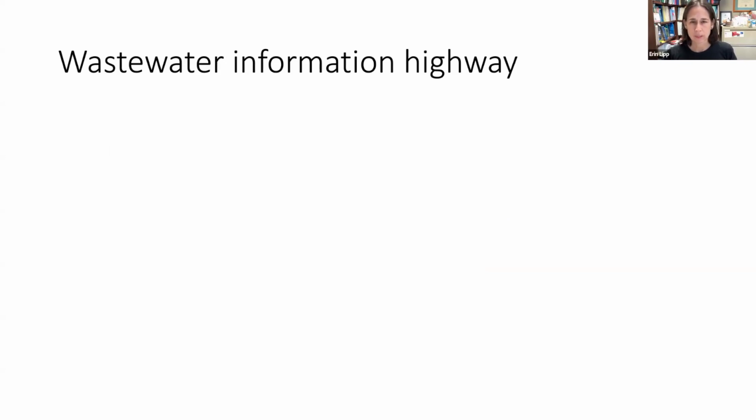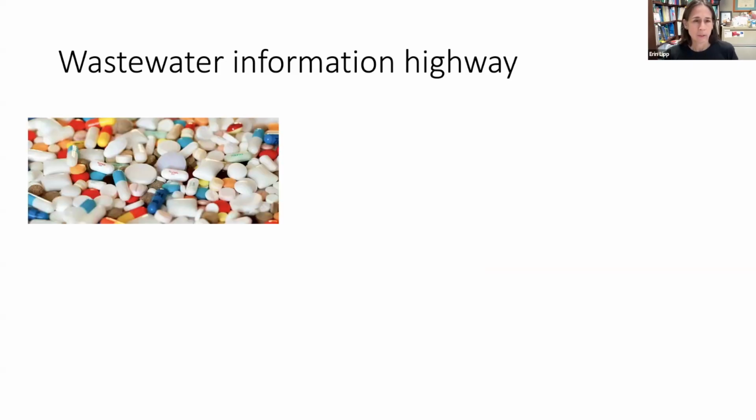As I said, we think about wastewater as something we want to treat, we want to clean, we want to be able to reuse it, but there's a lot of information from that raw wastewater as it comes into a plant. So you can think of wastewater as being an information highway. For a long time, it's been used to look at prescription drugs. You can find the metabolites of prescription drugs through wastewater surveillance.